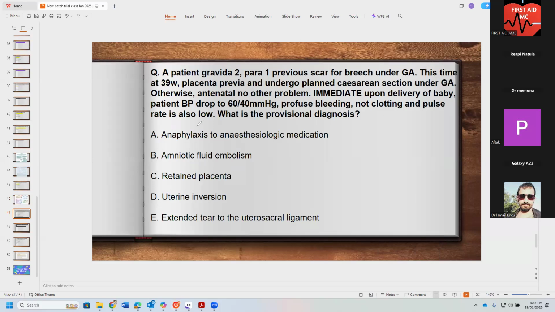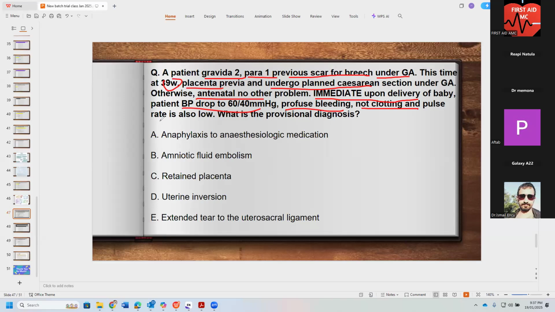Alrighty. A patient, gravida 2, para 1, previous scar for breech under GA. This time, she presented at 39 weeks with placenta previa and underwent a planned cesarean section under GA. Otherwise, antenatally, no other problems. Immediately upon delivery of the baby, blood pressure dropped. There was profuse bleeding.